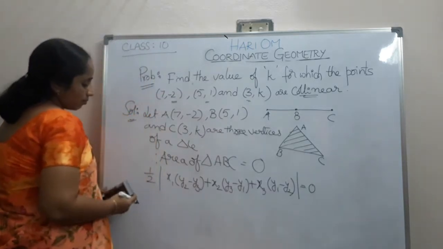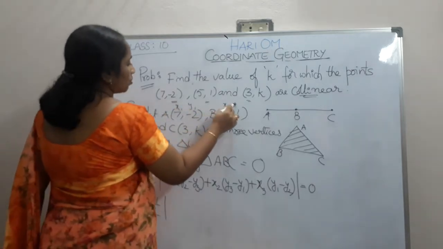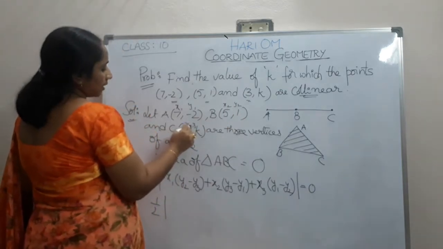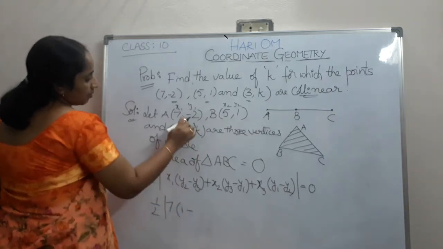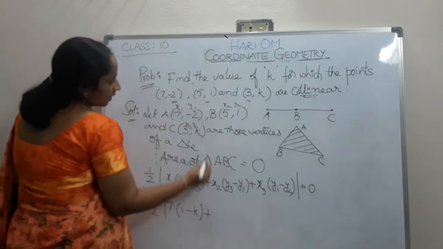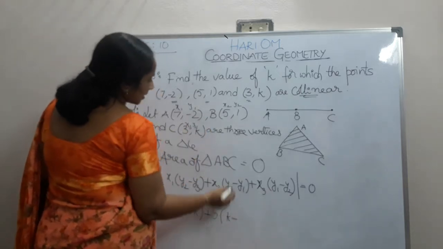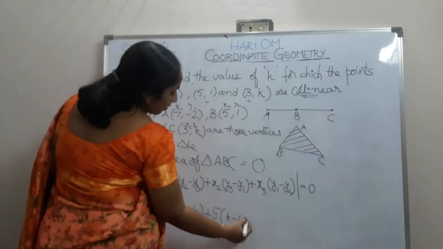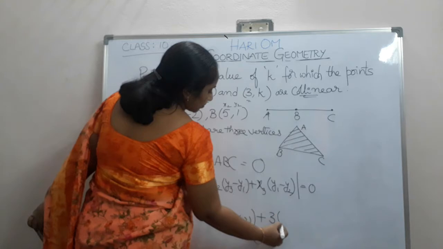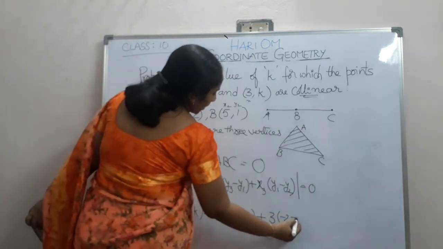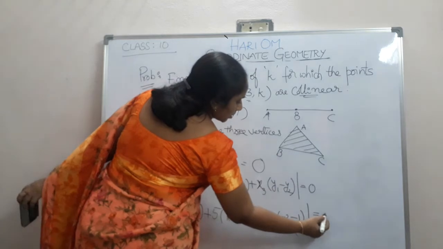So 1 by 2 into x1 = 7, y2 = 1, y3 = k, plus x2 = 5, y3 = k, y1 = -2, minus of minus 2, plus x3 = 3, y1 = -2, y2 = 1, is equal to 0.